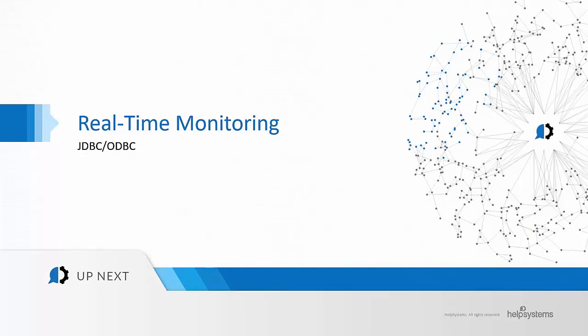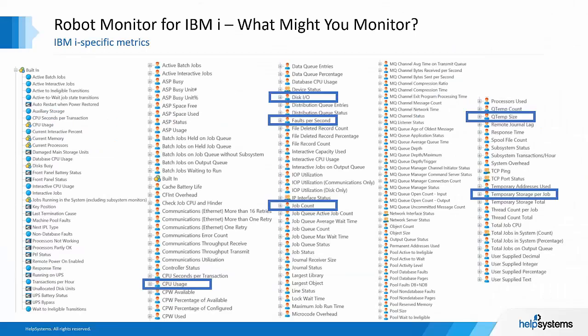So how do we go about monitoring that activity in real time? And what do we want to monitor? What you're looking at right now is a pretty complete list of everything that Robot Monitor can watch on IBM i.